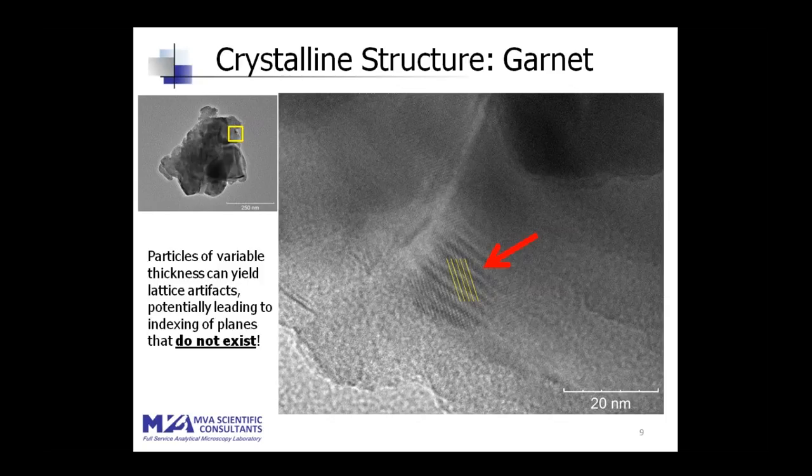So it's an aspect of this particle thickness that needs to be taken into account, because particles that have a local variability in thickness can yield lattice artifacts. And this potentially leads to an analyst indexing a plane that does not exist. So it's important to know what you're looking at and that you have something that's relatively flat, so that you're doing your best to avoid getting an image that has lattice fringes that don't represent actual lattice planes for that material.